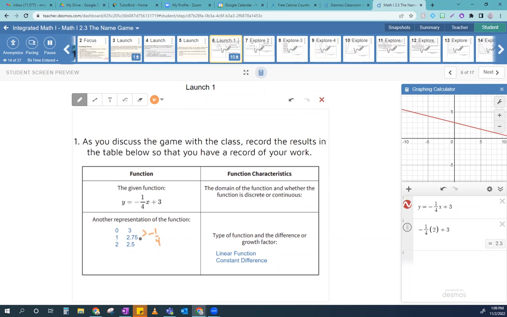And see how this again would be down by 1/4 again. And do you see how this is all the same? And because this is all the same, that's a constant difference. Does that make sense? Exactly. So here I would type my constant difference or slope equals negative 1/4. Does that make sense?